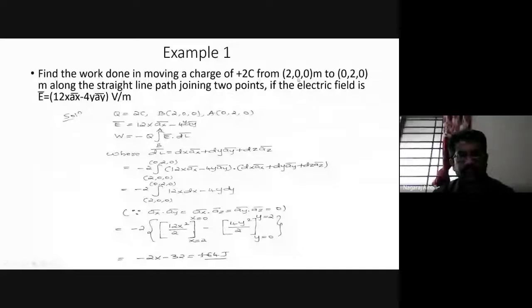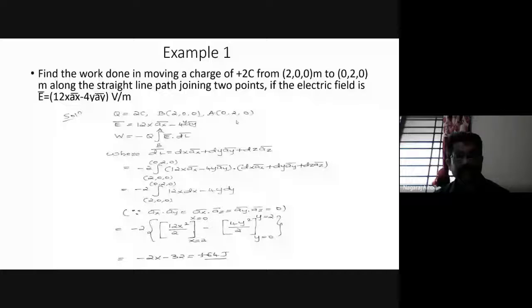Clear here? Write down the given details first. Q is plus 2 coulomb. Then the starting position B is 2, 0, 0 meter. Note that here we have taken the starting position as B and the final position as A. So B is the starting position 2, 0, 0. The final position is A at 0, 2, 0.